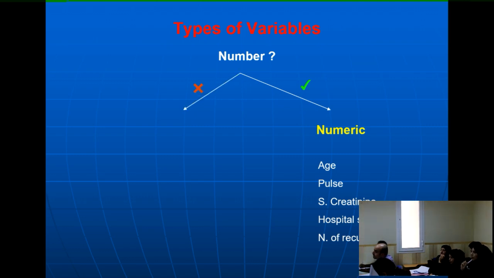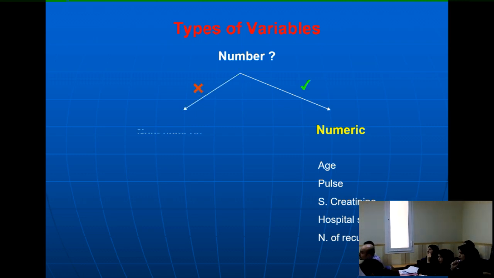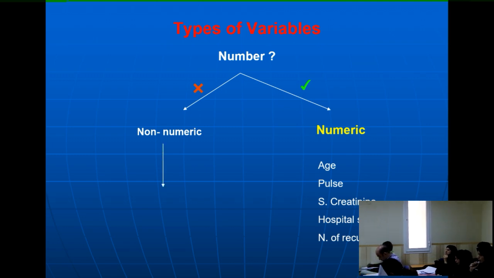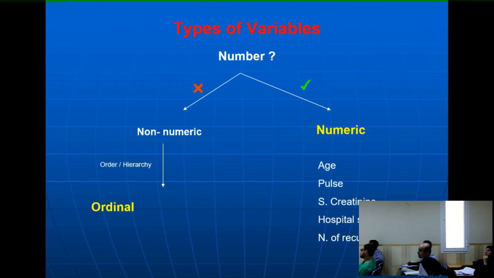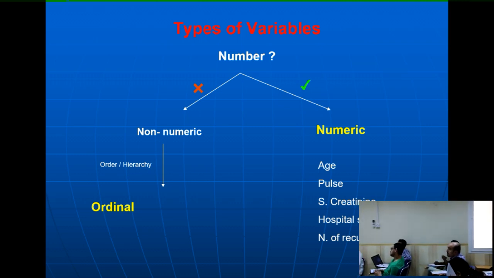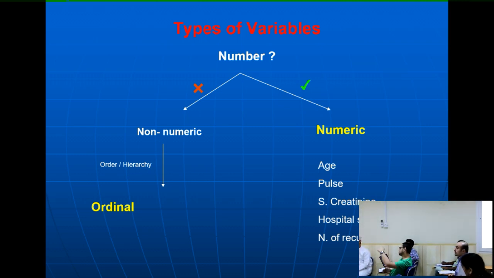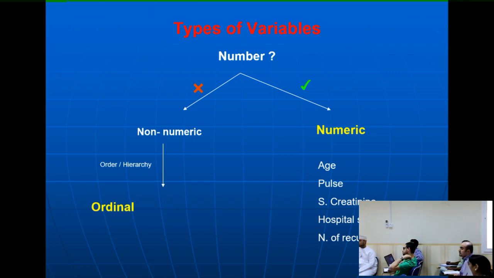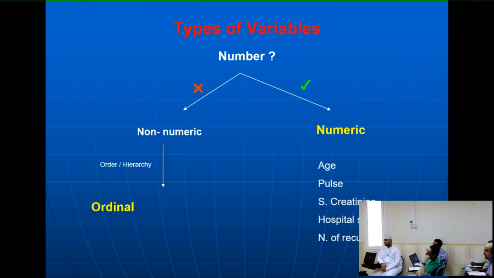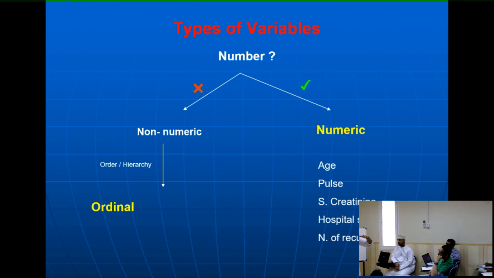If it doesn't have numbers, I will say it's non-numeric. Then there is a sub-classification: if there is hierarchy. What does hierarchy mean? Like childhood, senior consultant, senior specialist.